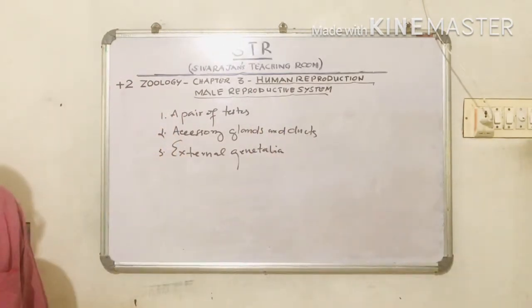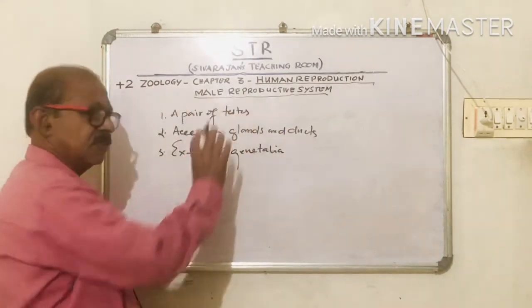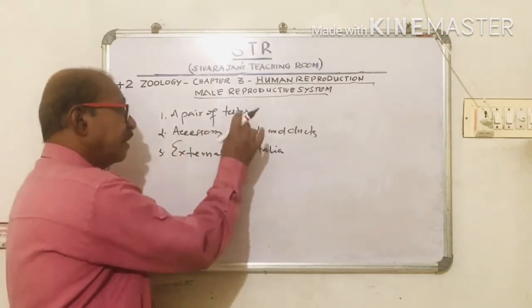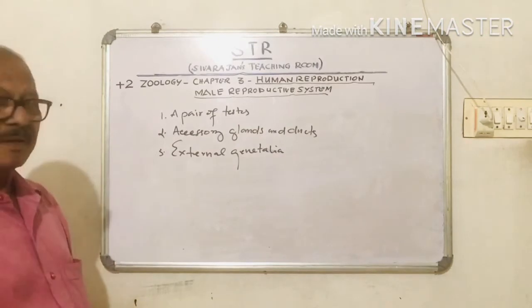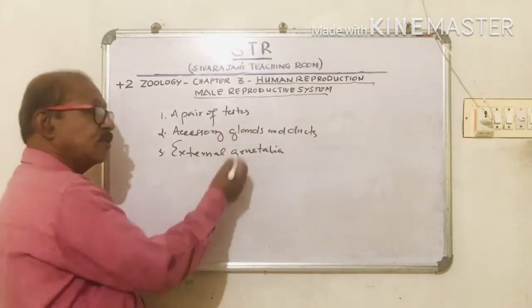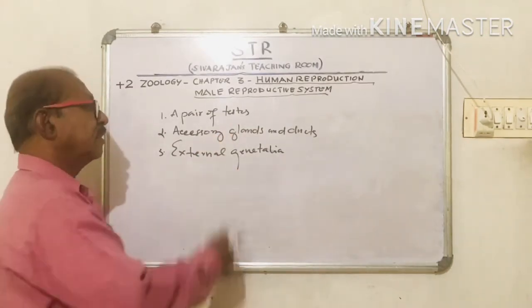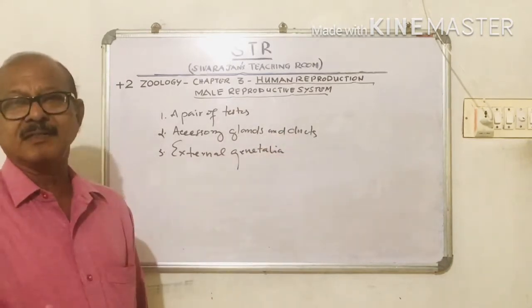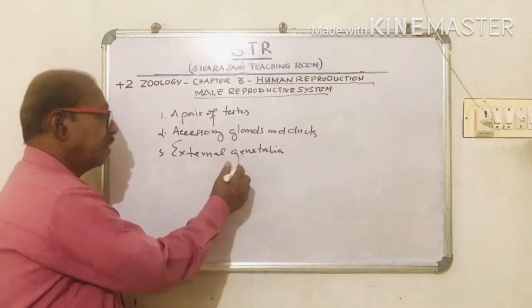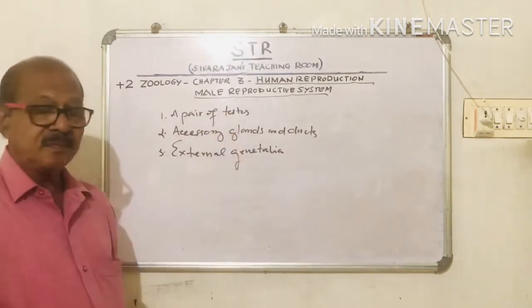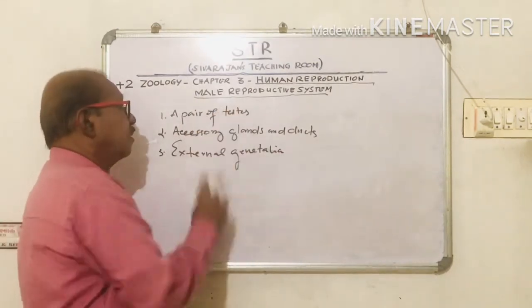So the male reproductive system consists of a pair of testes, accessory glands and ducts, and the external genitalia. Accessory means helping, connected with, we can say like that. So accessory glands means there are certain glands and certain ducts which are connected to this male reproductive system.